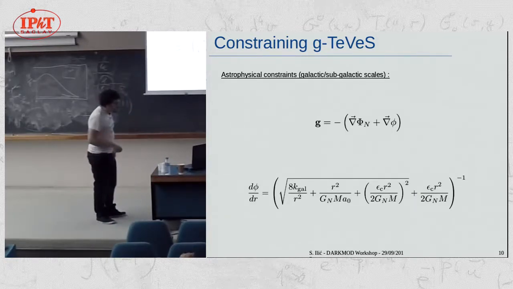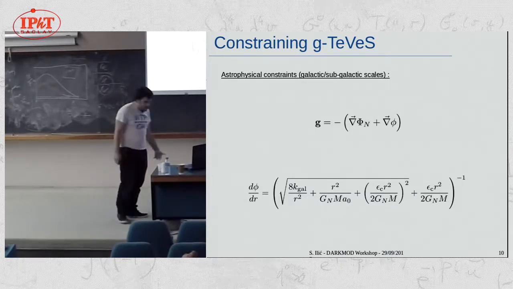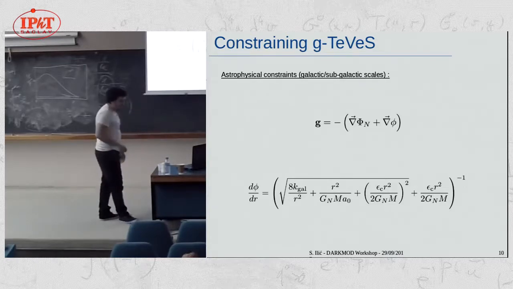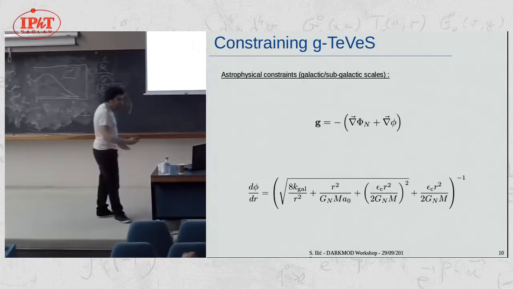Again, epsilon c also needs to be small enough so that the kinetic term does not dominate too much. And so that's for the three main parameters of this model and the astrophysical constraints.